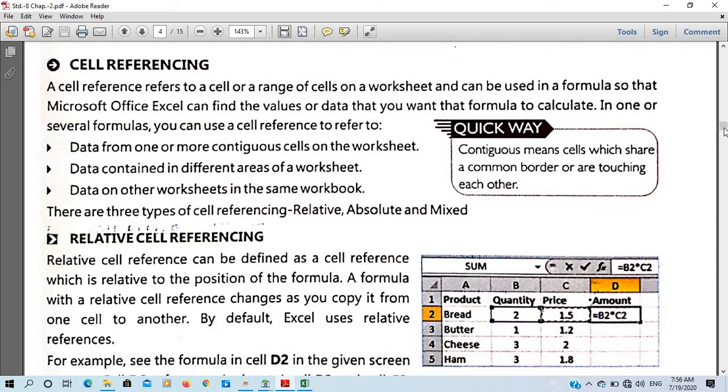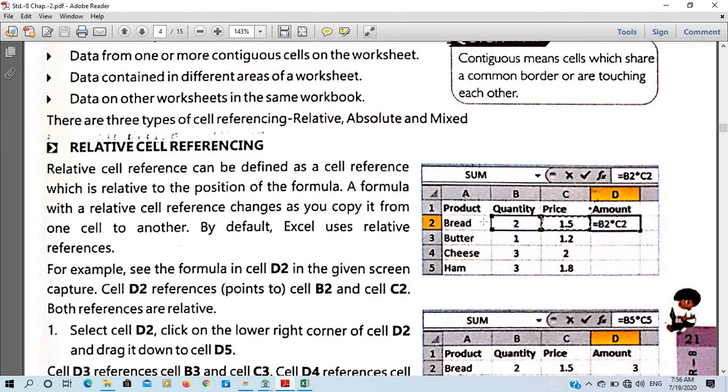For example, you can see here in the figure, here we have product, bread, butter, cheese, ham. Then suppose we want to calculate the amount of this bread with the help of quantity and price. तो हम लोग क्या करेंगे, इसका कैलकुलेट करने के लिए हम बताएंगे कि ये जो B2 में लिखा हुआ है और ये जो C2 में लिखा हुआ है इन दोनों को जोड़िए, सॉरी मल्टीप्लाई कीजिए. तो ये जो बताना हुआ कि B2 और C2 में जो लिखा हुआ उसको मल्टीप्लाई कीजिए, this is called cell referencing.